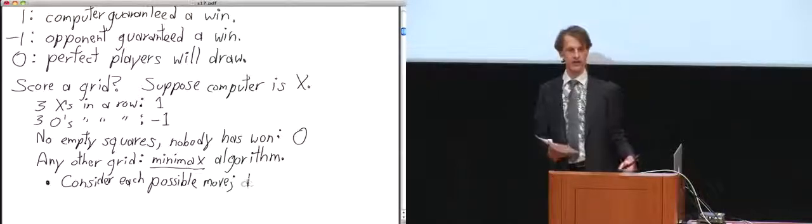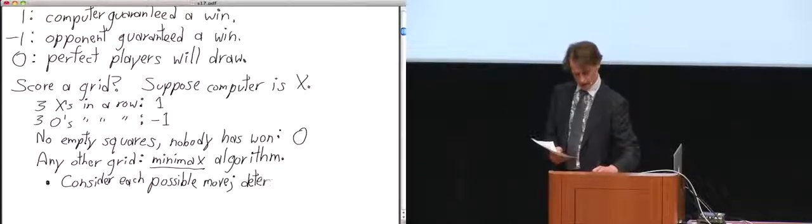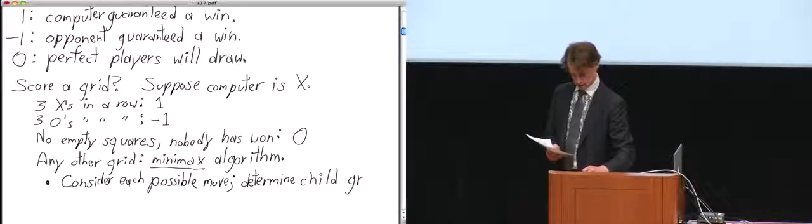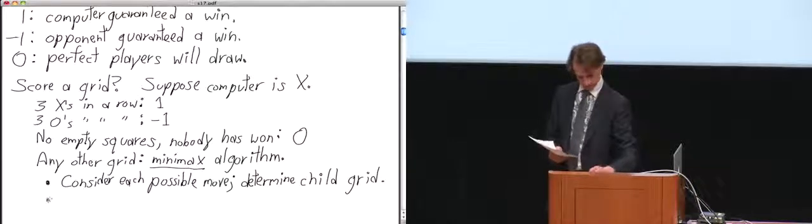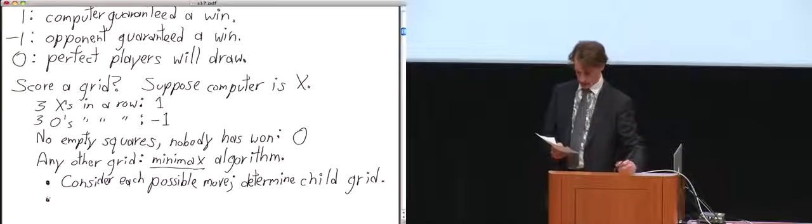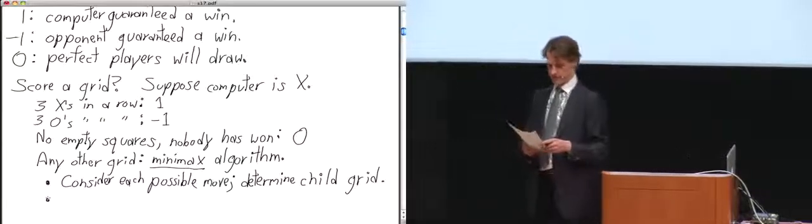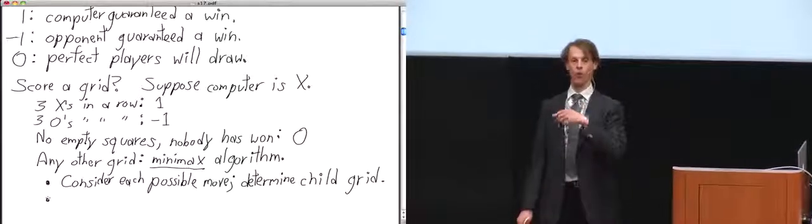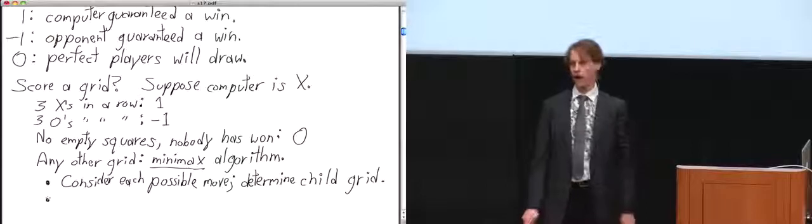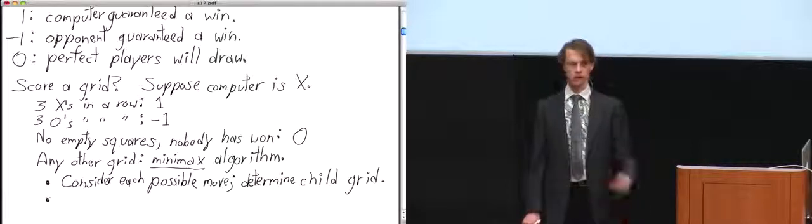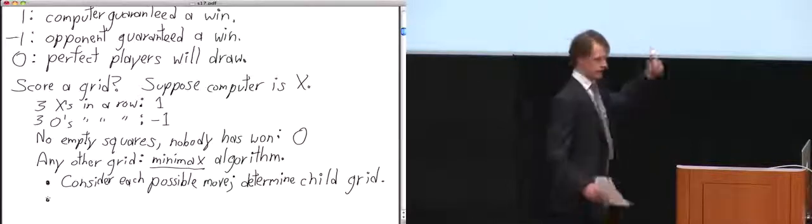And for each move that you're considering, you determine the child grid that will result when you make that move. And then the next step is you assign a score to each child. How do you assign a score to a child? You call this whole algorithm recursively.